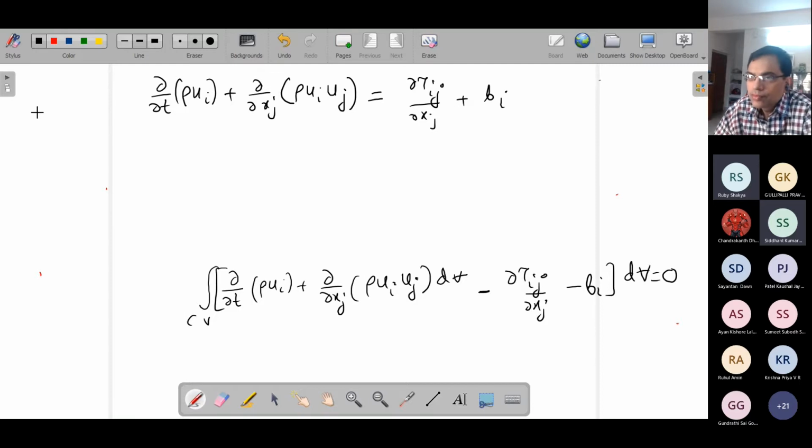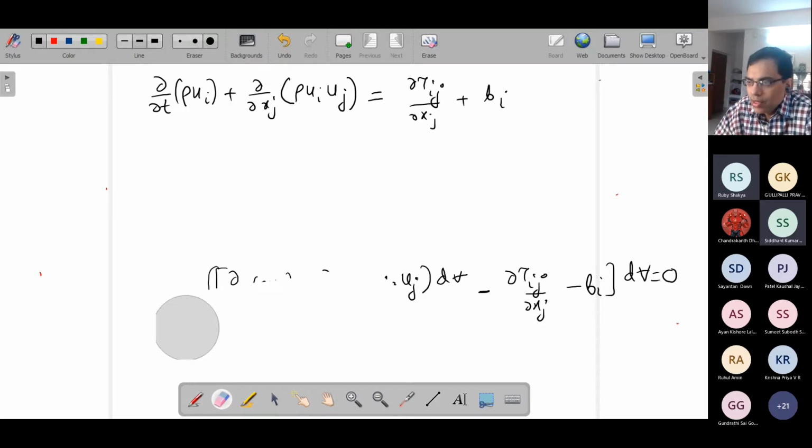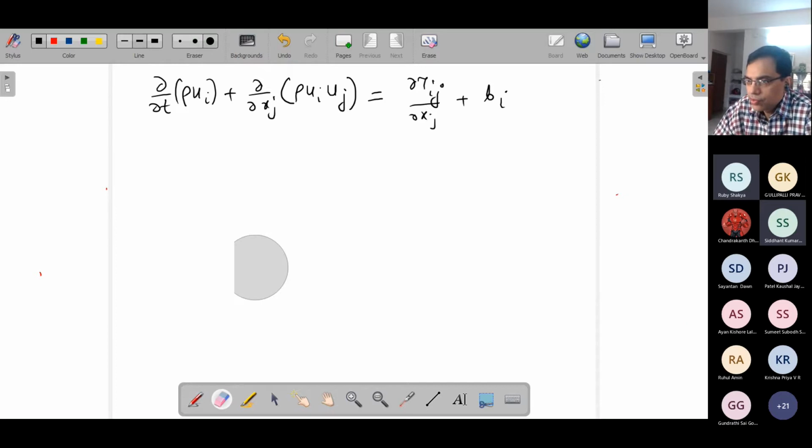And in that way, a very powerful expression also. So this is known as the Navier or Cauchy equation, whatever. Navier equation or Cauchy equation.